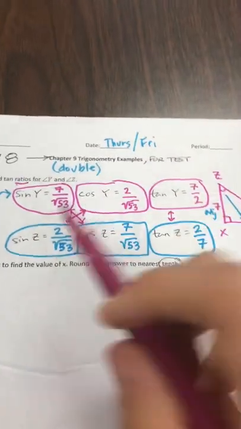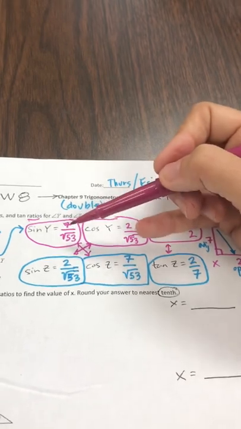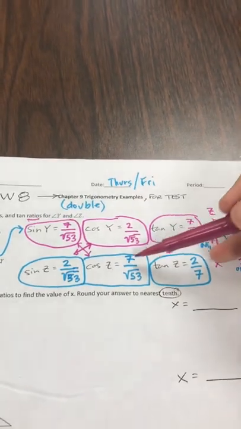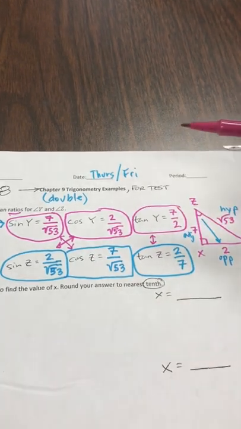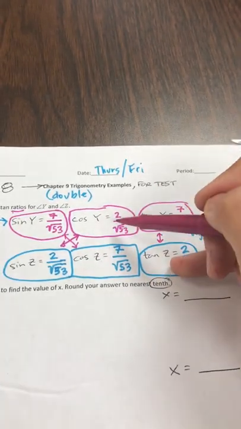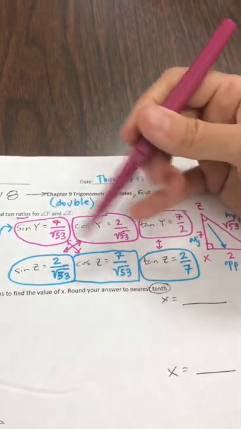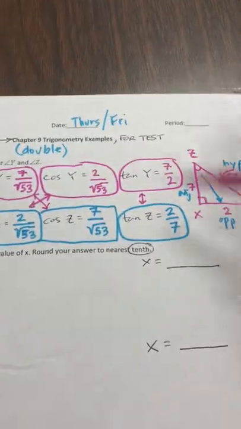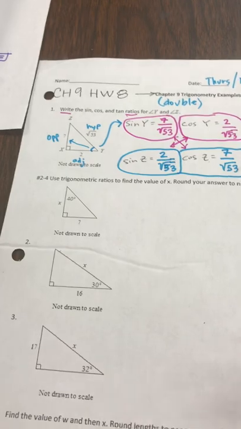That might make sense: this was the opposite for angle y, but the number 7 was actually adjacent for the letter z. So these are the same number, and you should expect that. And these are reciprocals. Pretty cool.